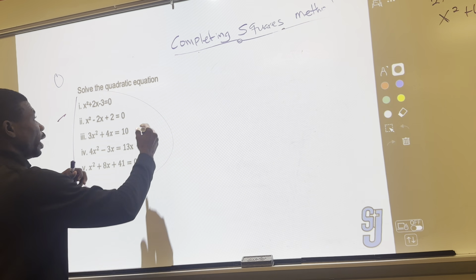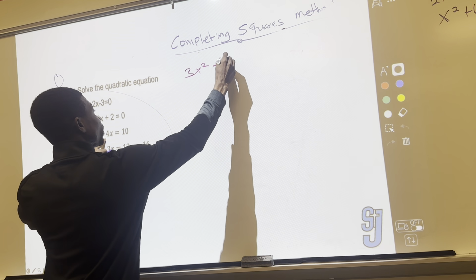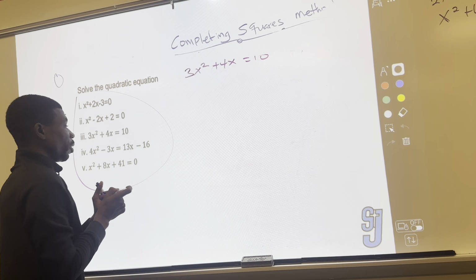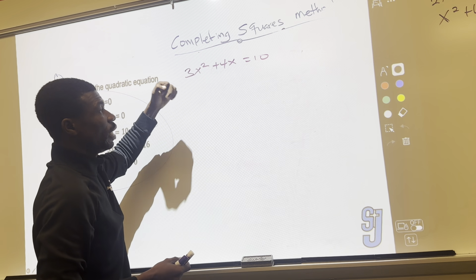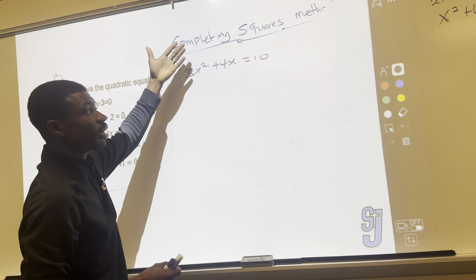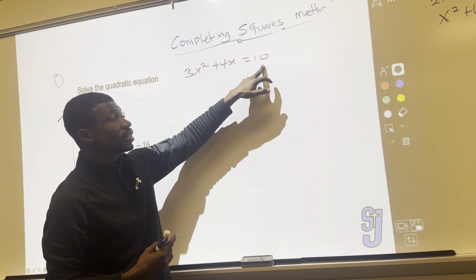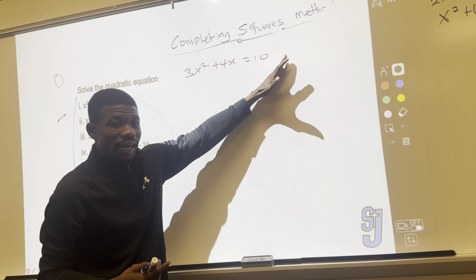Okay, so we have 3x squared plus 4x equals 10. Now the first thing is to make sure that the equation is in the standard form. We've passed that stage, because I know that at the third step, I will still move the constant to the right side.